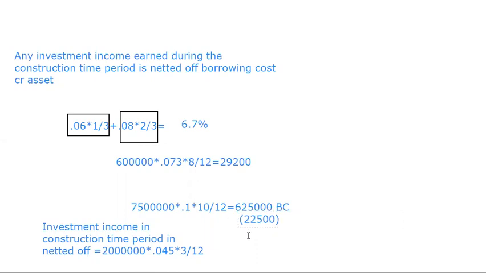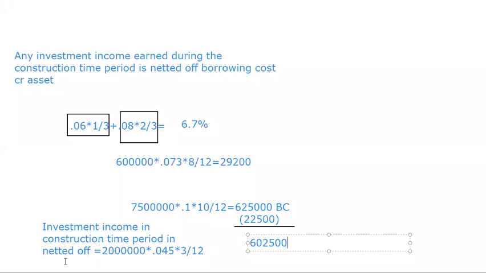What is the balance remaining? That will be capitalized. Six zero two 500. So this will be the remaining borrowing cost, right?